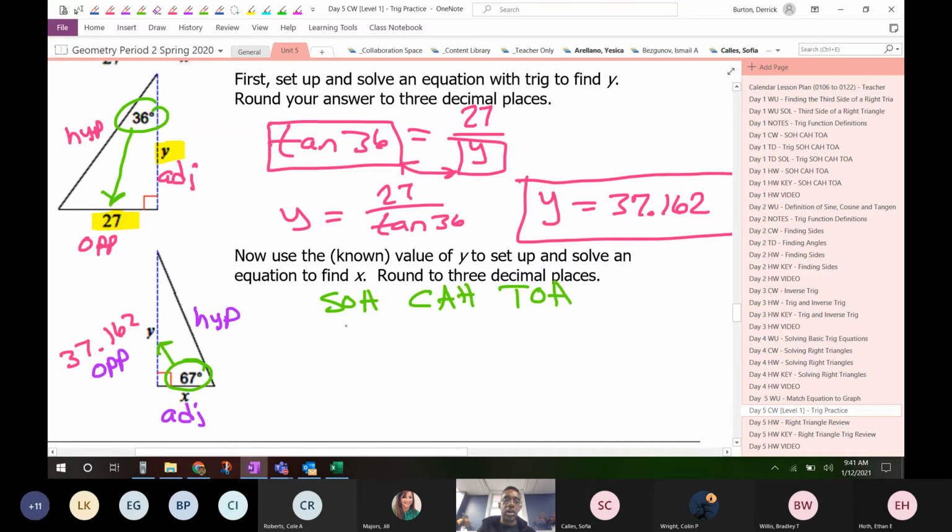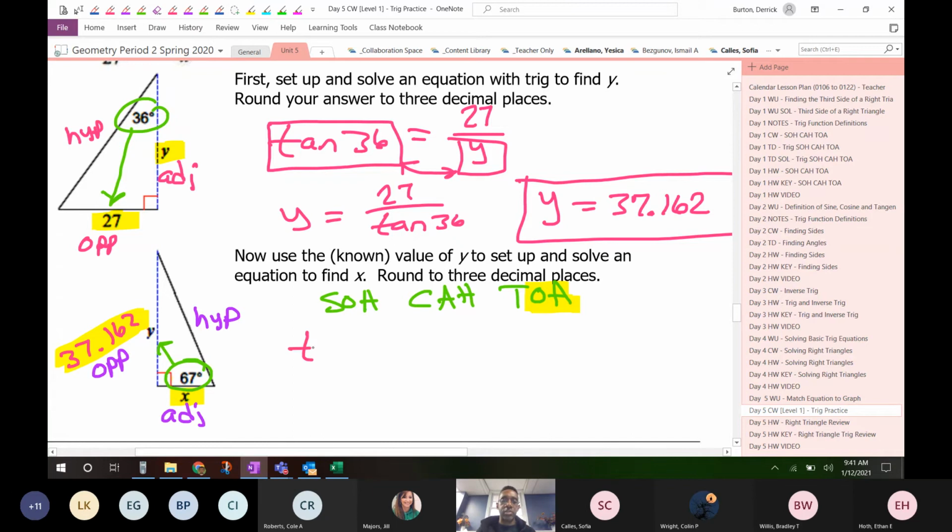We consult SOHCAHTOA to help us decide which one we're going to use. It's all about the sides that are involved. We've got the 37.162 and we're looking for the x. That is opposite and adjacent. Once again, it will be the tangent function.